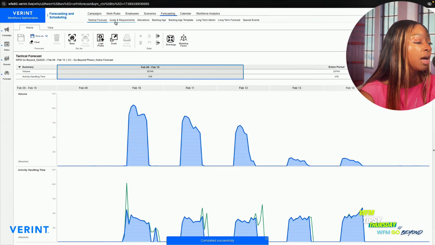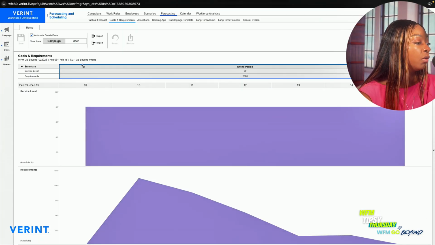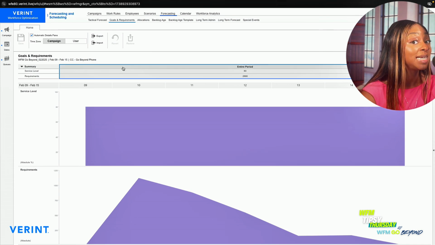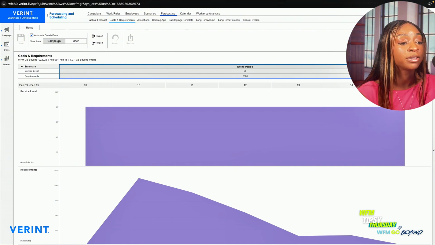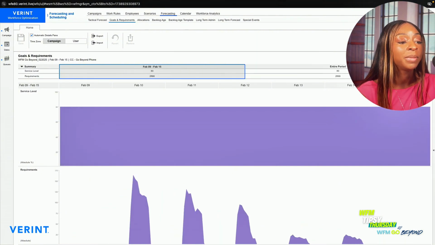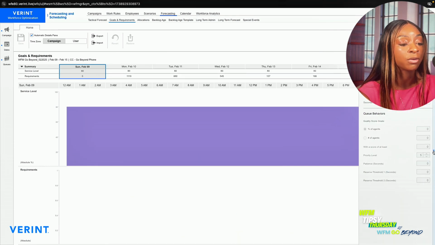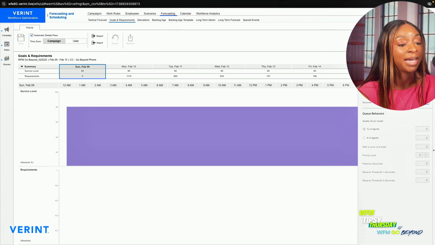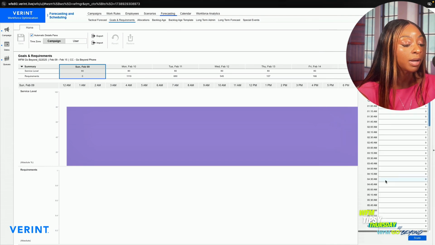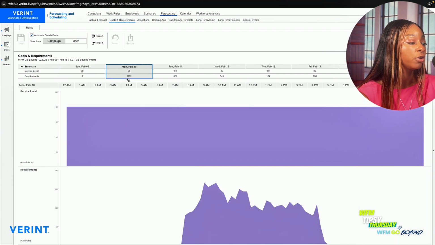So now I'm going to come over here to my goals and requirements. For the week of the 9th, where I did time series forecasting to look at trends, I was looking at the volume and the trends and the patterns and all of those different things. I can come in here and say, oh, this is what my requirement is. I can hit this arrow right here and go to requirements. You can see I already have requirements in for 80/30. This is what my requirement is for February.